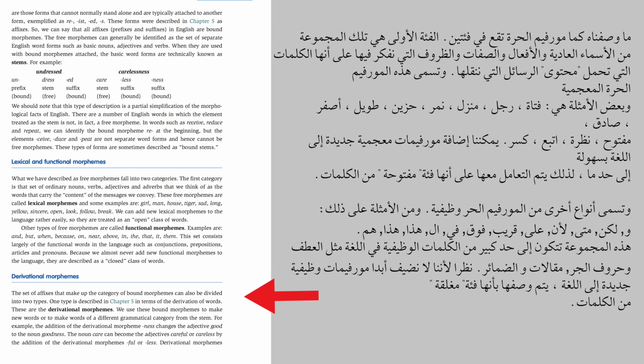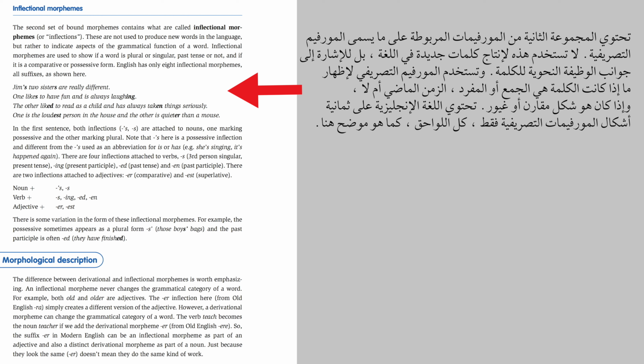Inflection, the second set of bound morphemes, contains what we call inflectional morphemes. These are not used to produce new words in the language, but rather to indicate aspects of a grammatical function. ناحية من الوظيفة القواعدية.